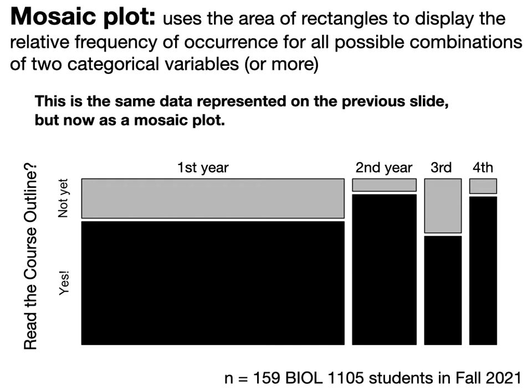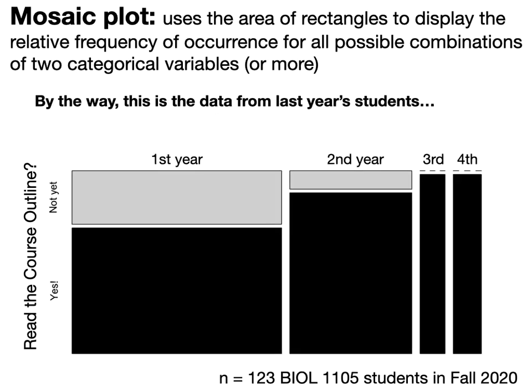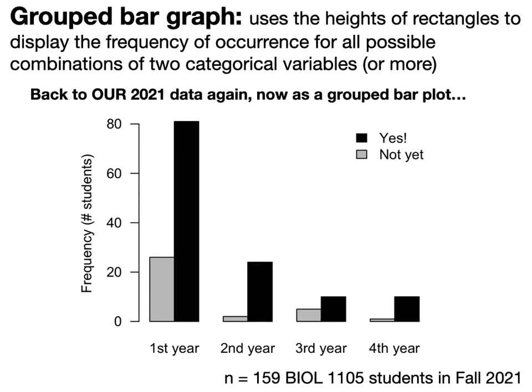I can show you the data from last year where there really did seem to be a consistent trend. Last year, the upper year students in the course were much more likely to have read the course outline. That kind of made sense, since they had been through all of this stuff before and they knew what was going on. I don't know why this year was a little bit different.